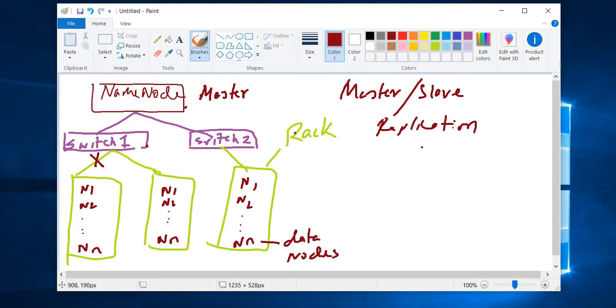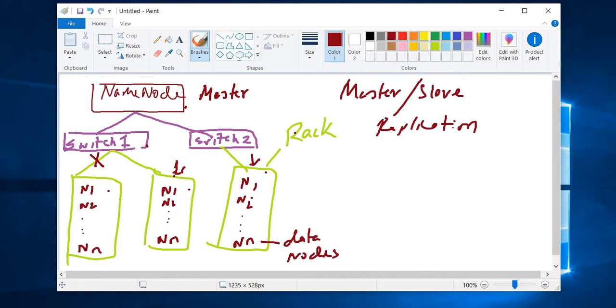So replication means a process that we have the data over here are copied also in some other places. Okay, so in case that this one is gone, at least this one is okay, or this one is okay, so data can be retrieved either from here or from here.